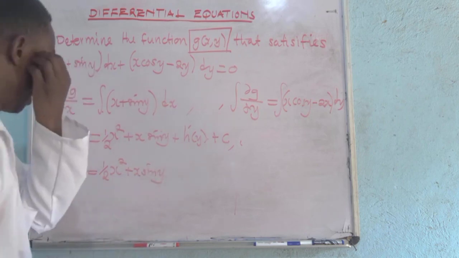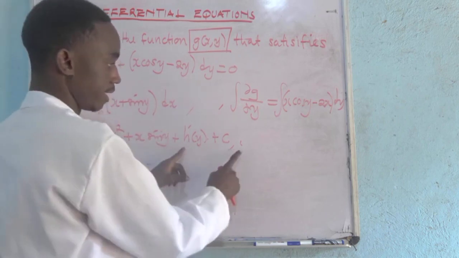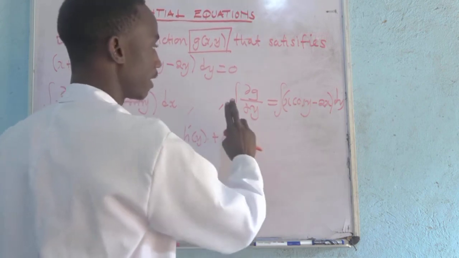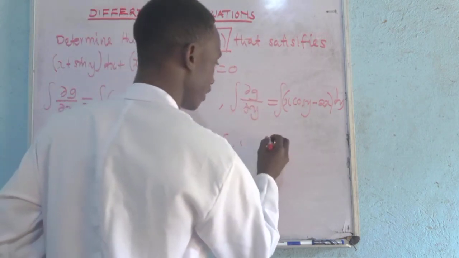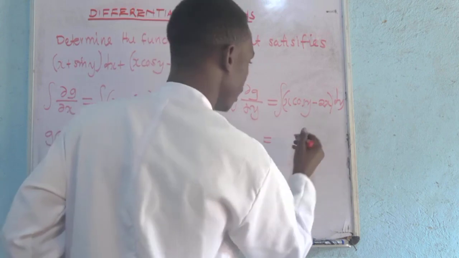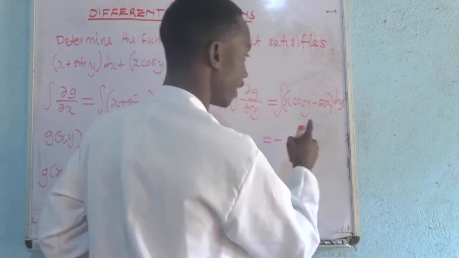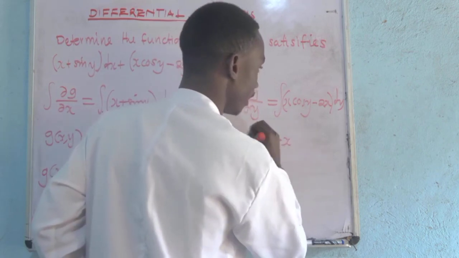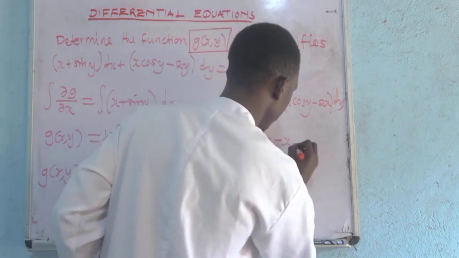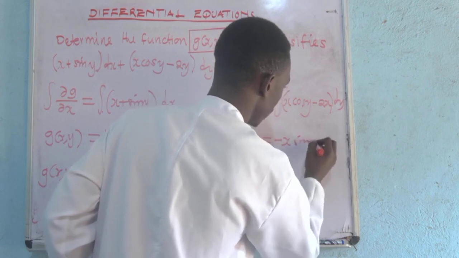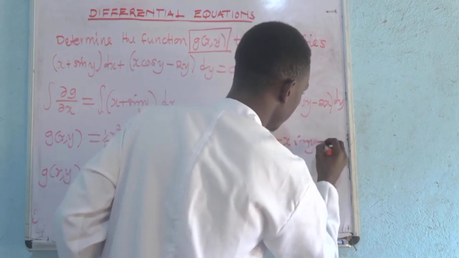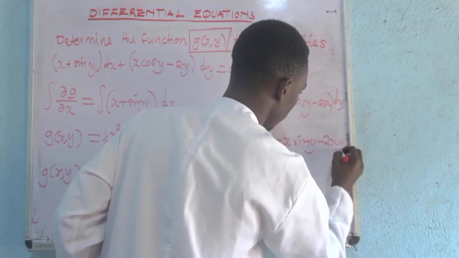And then at this point we would need these. How do we obtain these? We obtain these by integrating this one. So this would be x sine of y, and then this will just be negative 2x y like that.